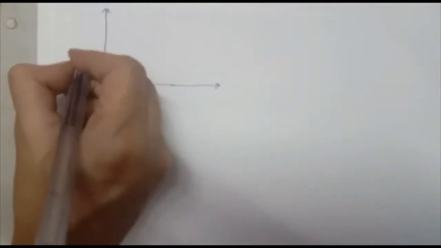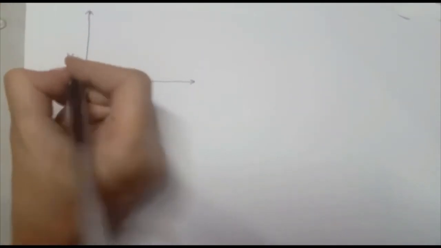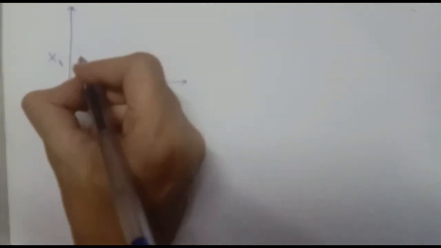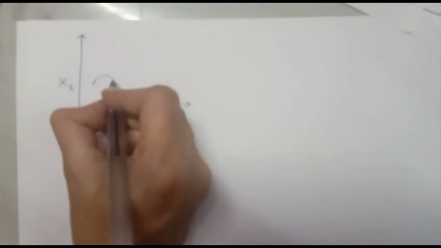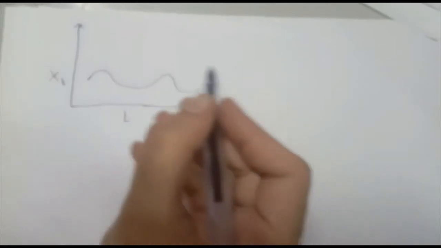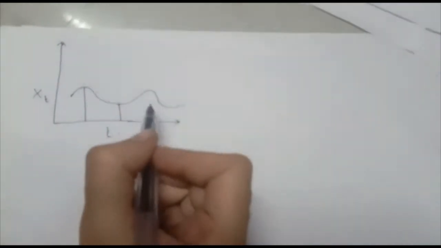Now next is cyclicity. Let's say there is again x, a demand variable, and t is time. So what happens, sometimes the demand value changes like this, right? So at time, let's say T1, the demand value is this much. At time T2, the demand value gets decreased.